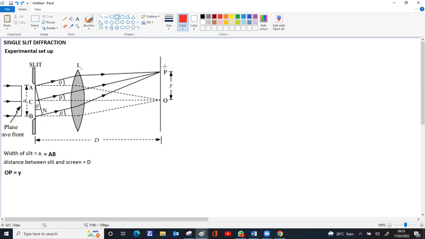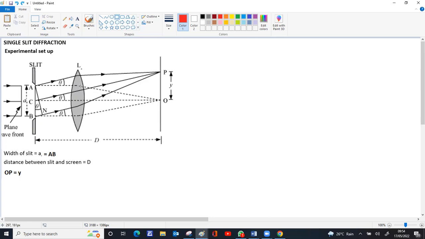If this is a point P, there is light from A, light from just below A, light from below that, the complete slit A to B, each point will send light to P. P will appear bright or dark with respect to the total superposition of all these waves reaching at P.